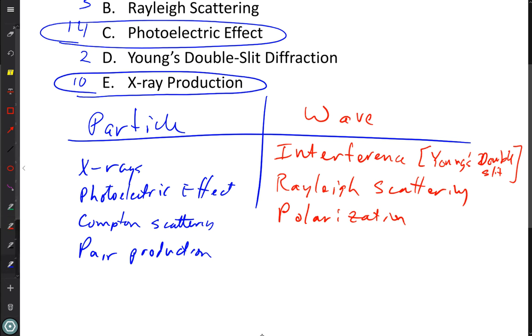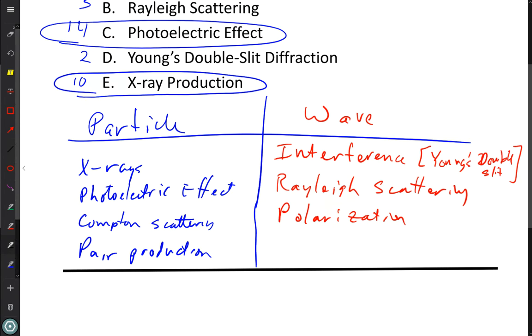Now, what is obviously not listed under these that we studied for optical properties? Okay, reflection and refraction were what I was looking for. You guys hit them both at the same time.